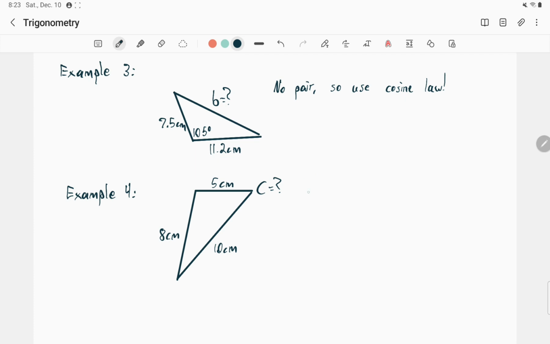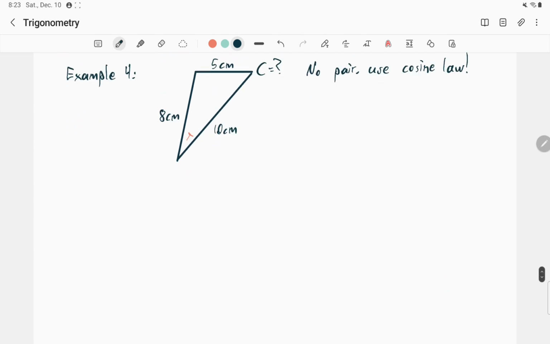Well, we don't have a pair of matching angles and sides, right? There's no opposite angle to this. Nothing. And obviously we're looking for C, so we don't know that angle either. So no pair. Use cosine law. That's all that really goes into this.